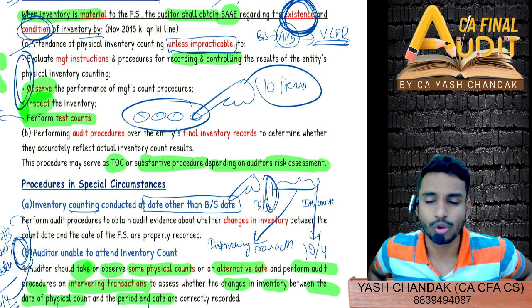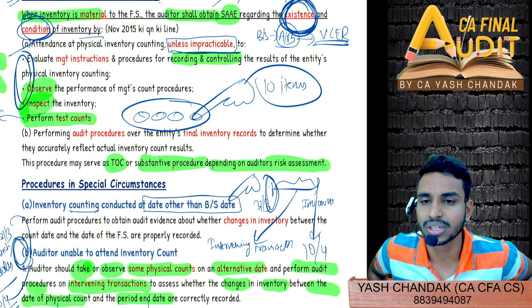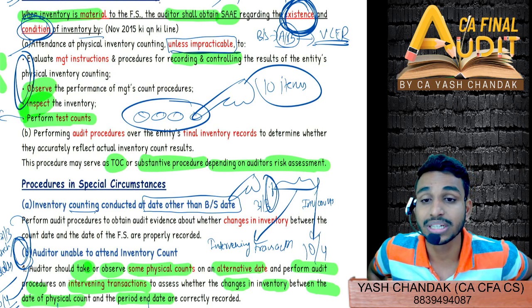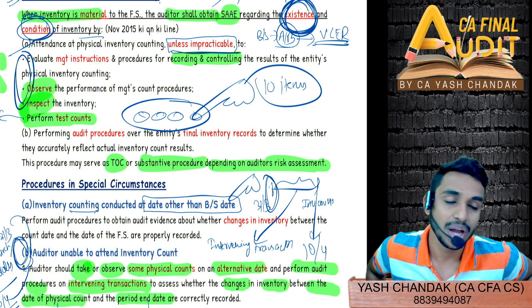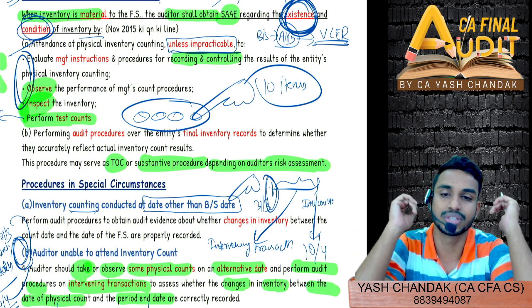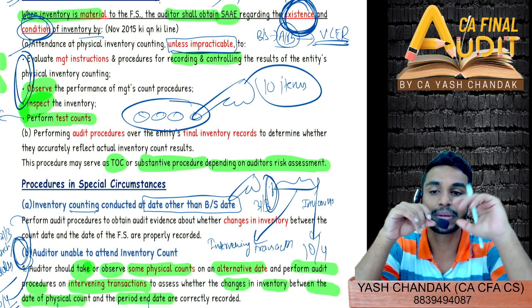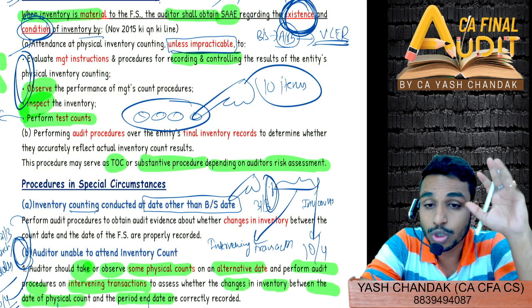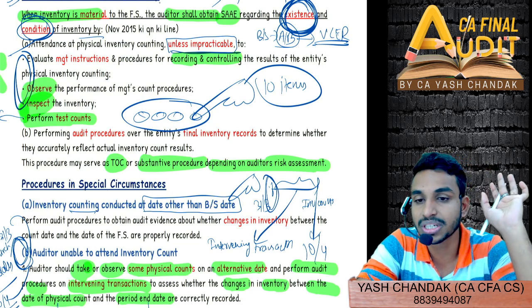This procedure you can also term as TOC, because in a way you are evaluating and testing the controls implemented for the inventory. And you can also see it as a substantive procedure. So just remember, the entire procedure we have performed could be TOC or a substantive procedure, doesn't matter.